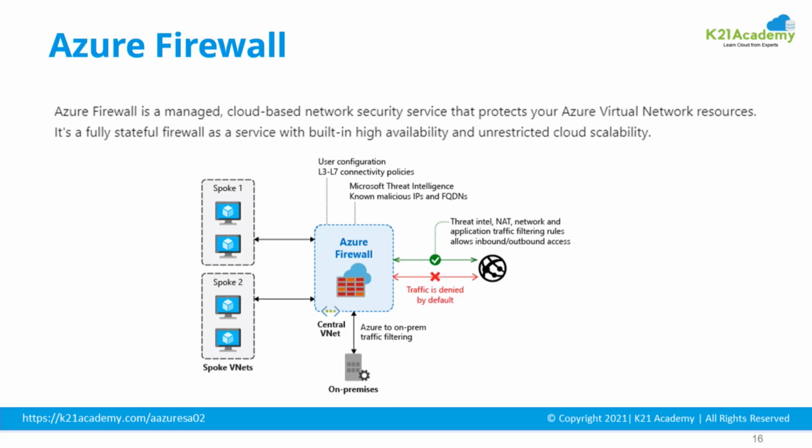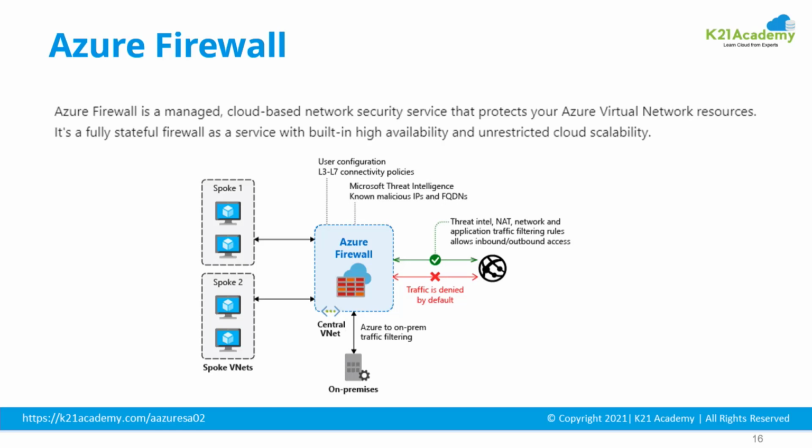And that firewall has built-in high availability, and it can scale up as requests come, meaning that it's highly scalable. It means it can protect any kind of user access that comes.